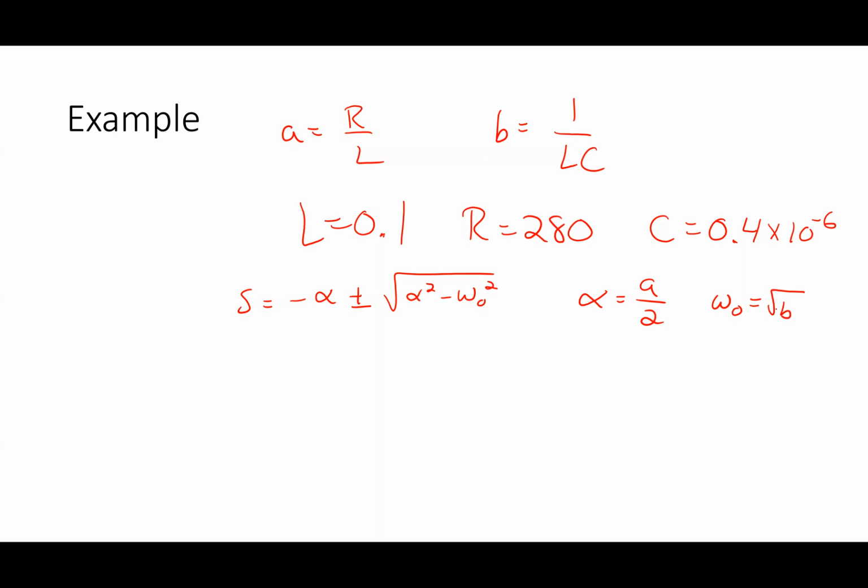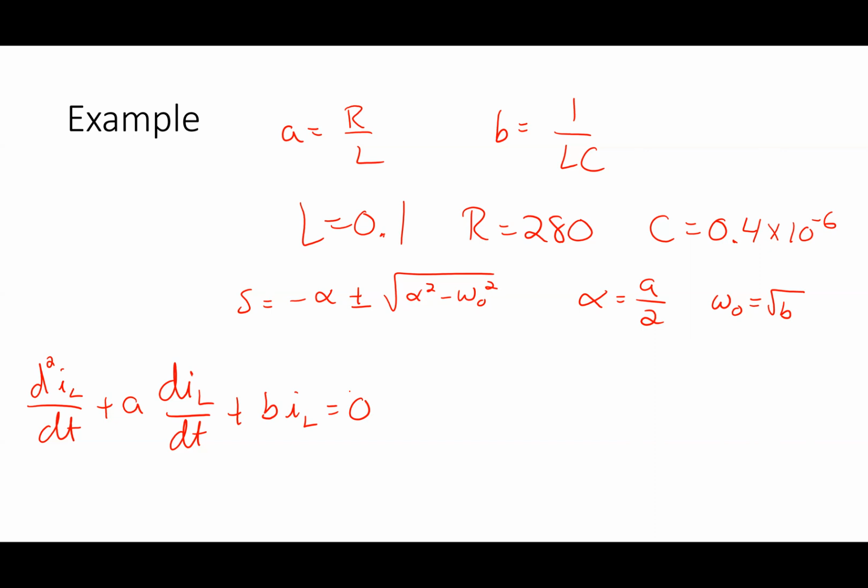And what's that refer to? That always refers to when I'm looking at the differential equation, it's d squared IL by dt squared plus A times dIL by dt plus B times IL equals 0. Okay. I get that, right?